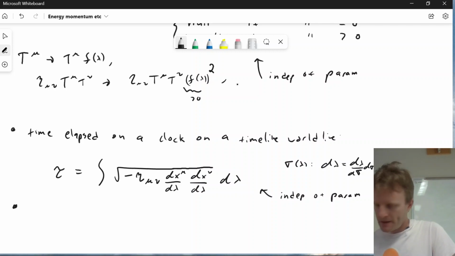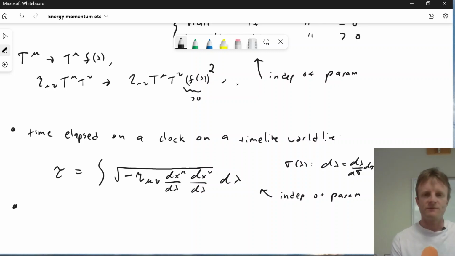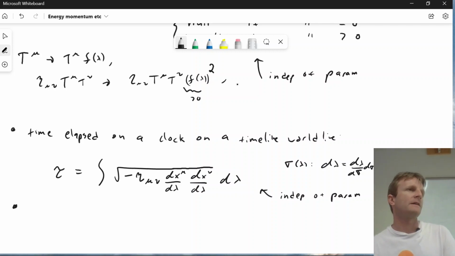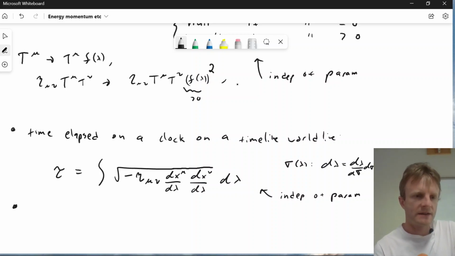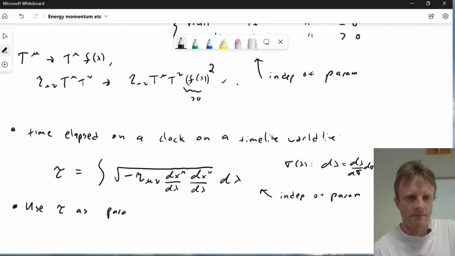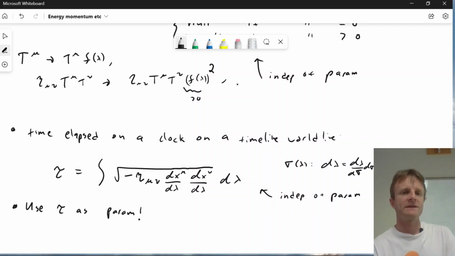Okay. Now, one of the things that's often very confusing, but I assigned that homework problem with the hyperbolic trajectory to give you some practice doing it before it's introduced in class, is using tau as a parameter. It sort of looks strange because we think of computing tau from some other parameter, right?